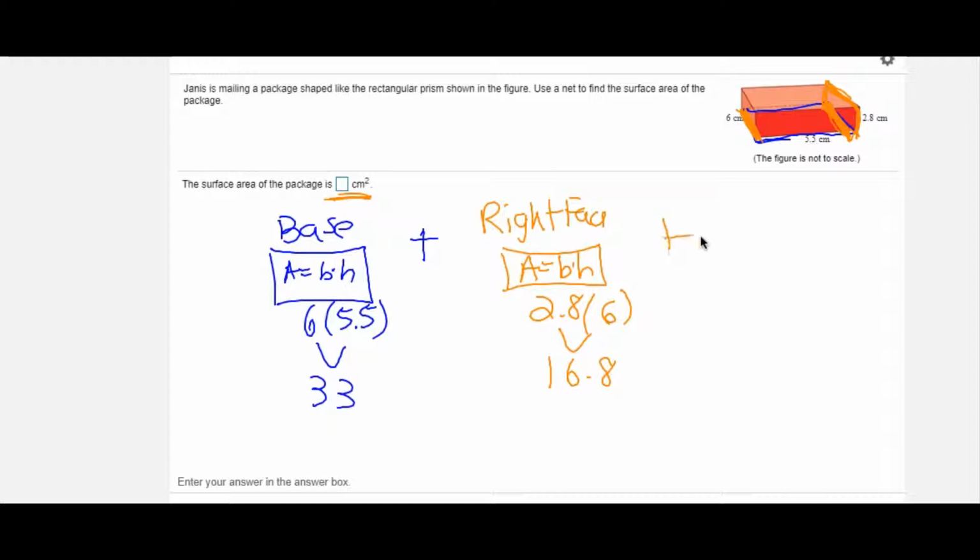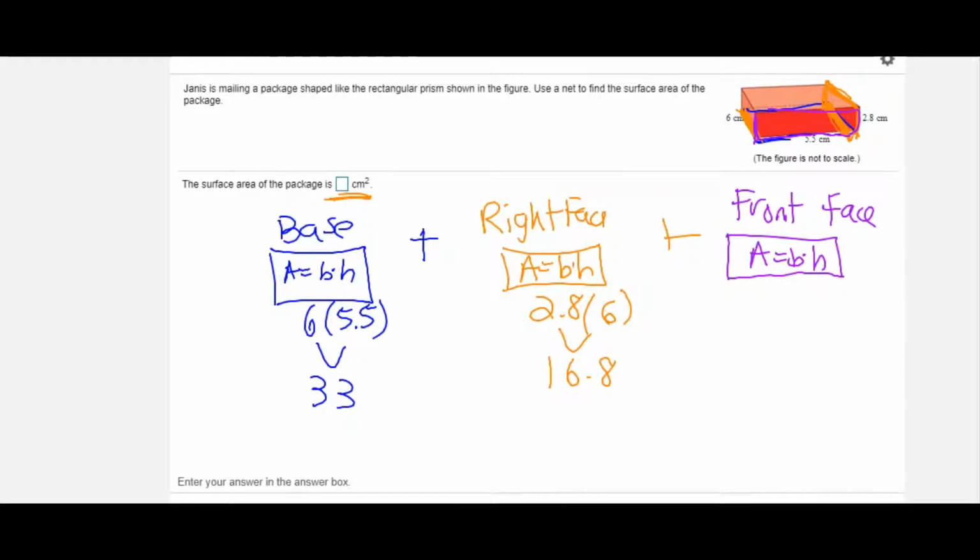Now I need to do one more face because I have another face. Which face is that? You have to do the front and back face. Since that shape is a rectangle, draw a rectangle, formula, area equals base times height. This is going to be the front face.